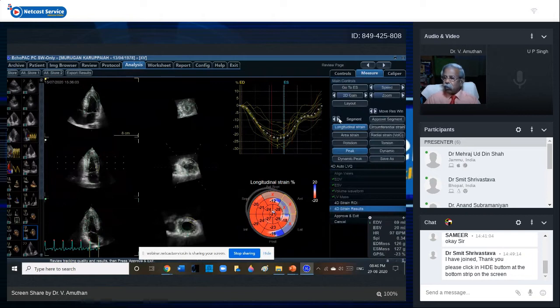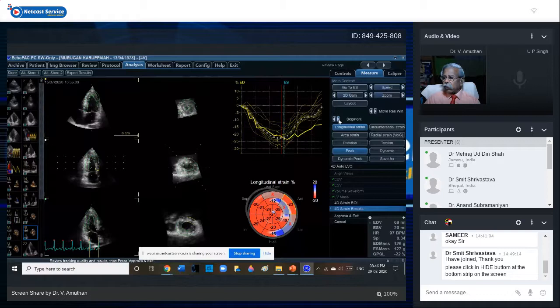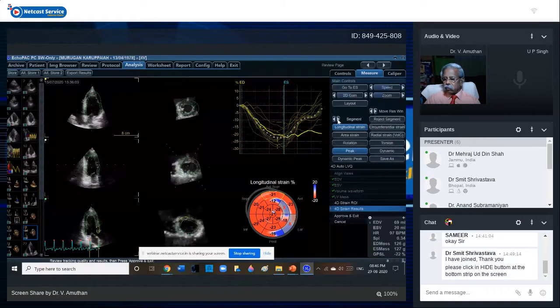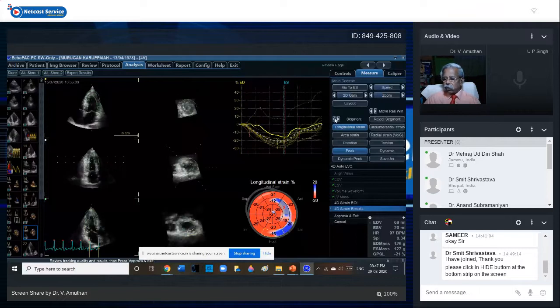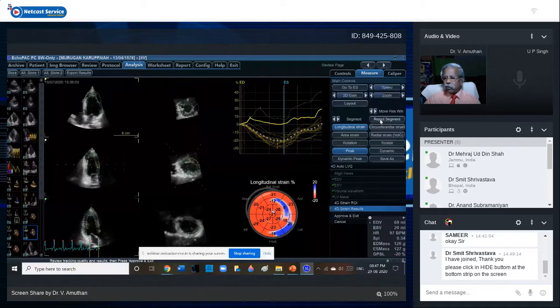You can approve this segment, and approve the segment. Only if you think it's correct, you approve. Otherwise, you don't approve. That's all. Approve the second, and then you have the longitudinal strain graph in this patient.